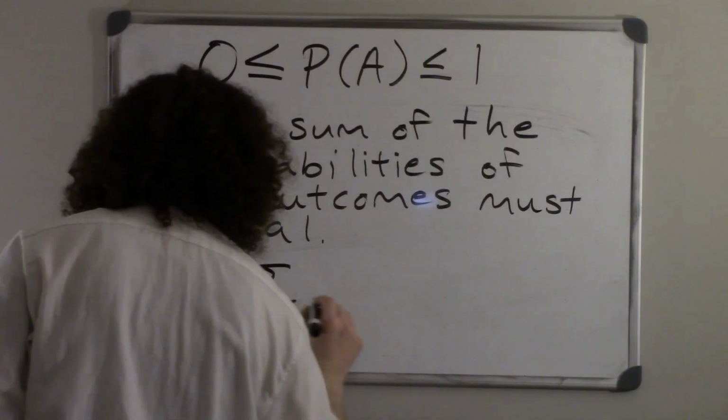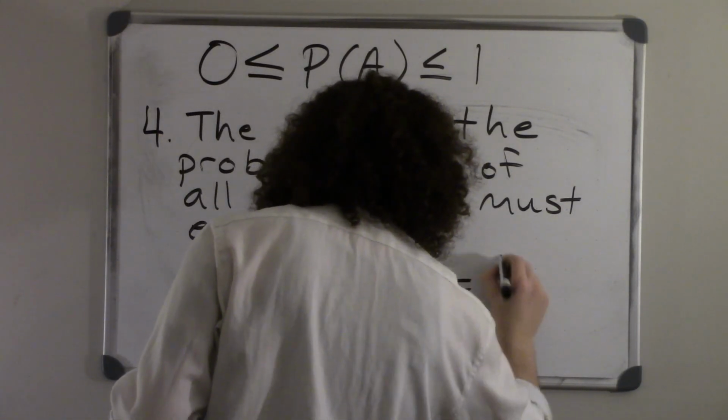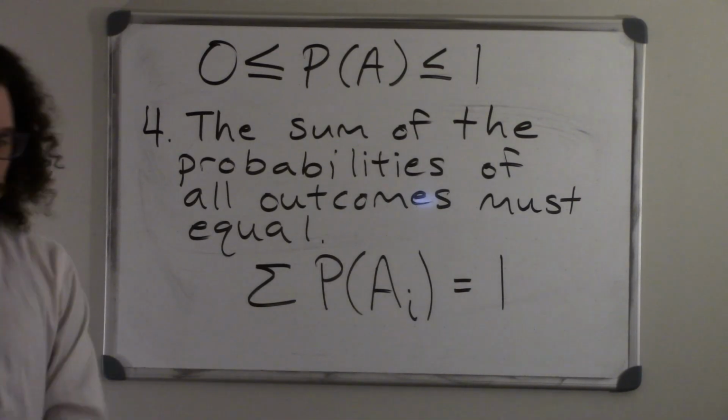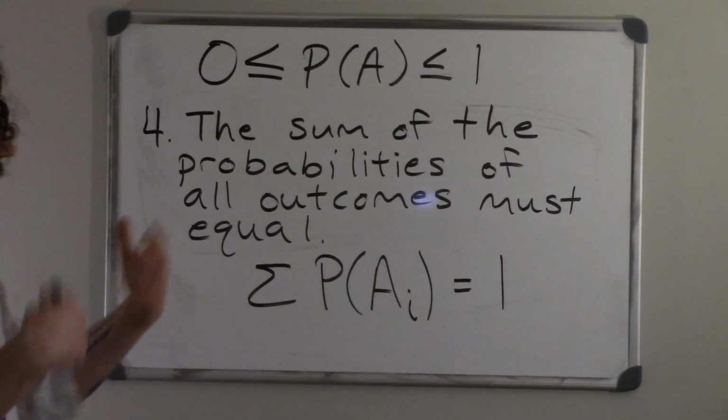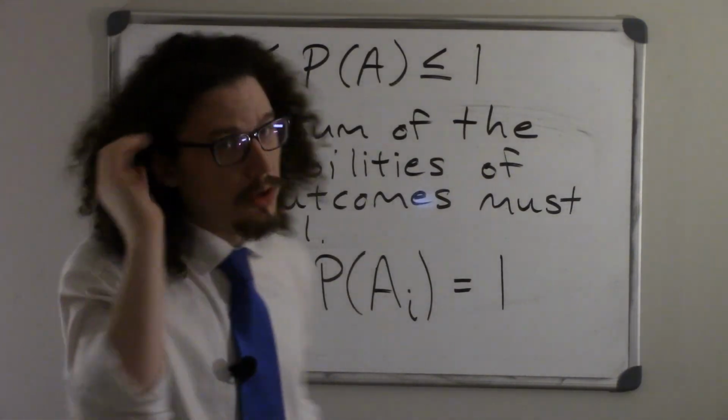All right, another way that you're going to see me write it would be as follows. The sum of the probabilities of all of our outcomes must equal 1. Now, a quick word on this.